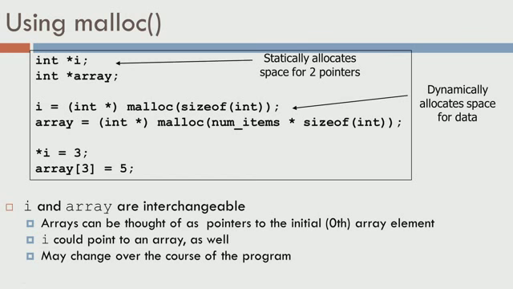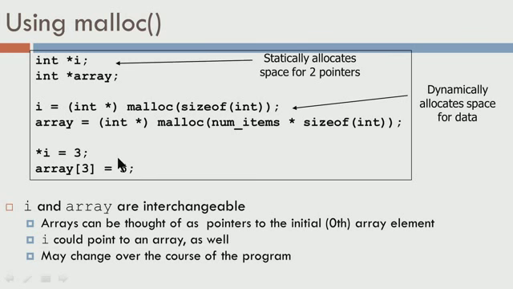Whenever I have an array, I have been saying that we can abuse the notion of an array and say that it is actually pointer to the 0th location. So, I could also point to an array as well. So, in fact, I can do I equals array and I would start pointing to the array which array was pointing to earlier, and these things can be changed over time. Both the variables I and array can change over the course of the program.